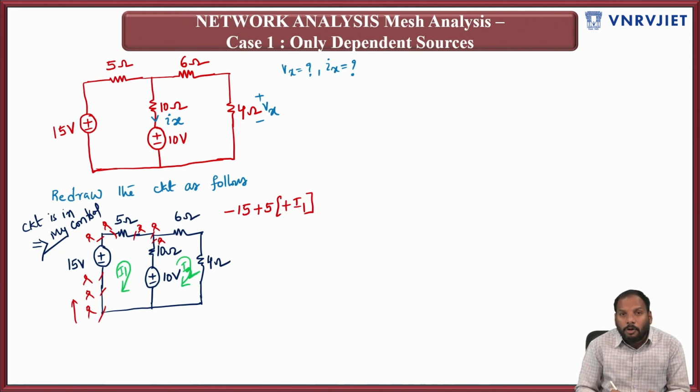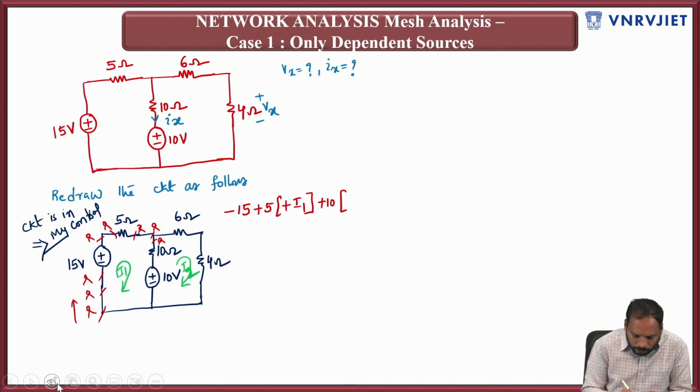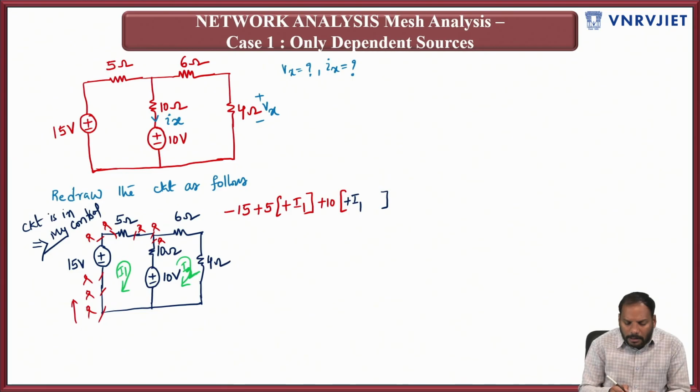Now I am at the 10 ohm resistor. If you clearly observe, current I1 is coming with you, so I1 is your friend, but the I2 mesh current is coming opposite to you, so it is always minus I2, because it is your enemy now. Now I'll show you with the red color where you are: you are ahead of the 10 volts battery.